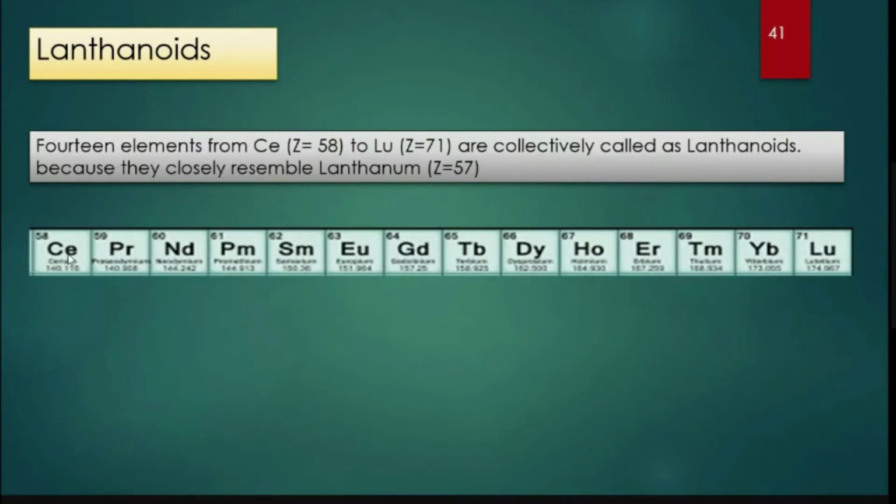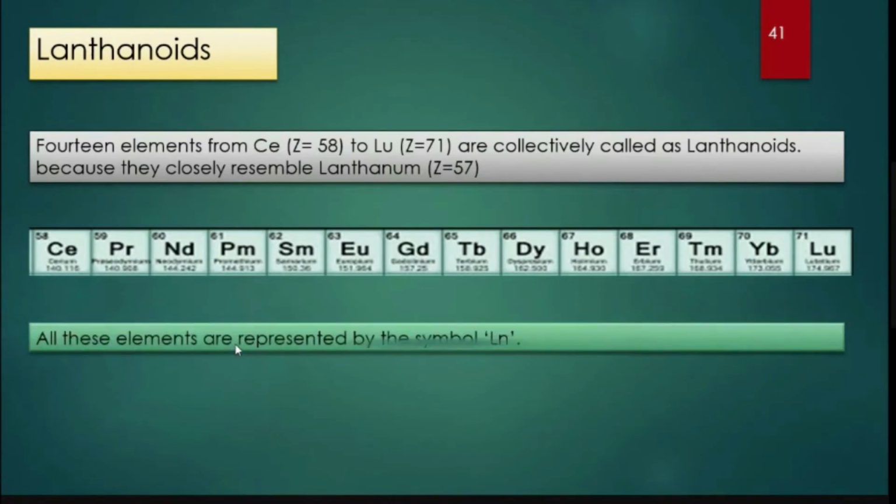So here you can see cerium, praseodymium, neodymium, promethium, samarium, europium, gadolinium, terbium, dysprosium, holmium, erbium, thulium, ytterbium and lutetium. These are the 14 elements of the lanthanide series.